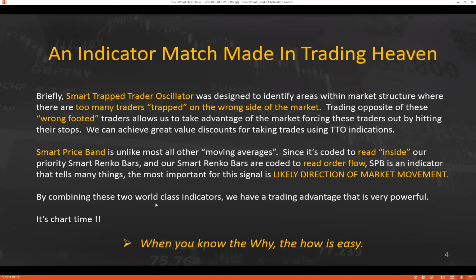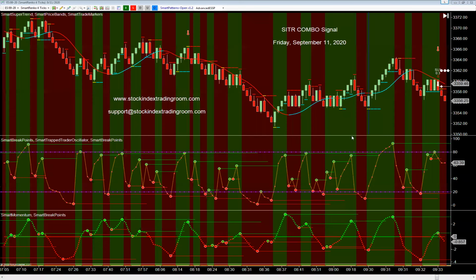Now, when we combine these two indicators, we have a trading advantage that the members in the room enjoy and take advantage of. So it's chart time. That's my favorite time with our recap. So let's look at a chart. I'm going to share with you what the signal is, and then I have it recapped for Friday, September the 11th.